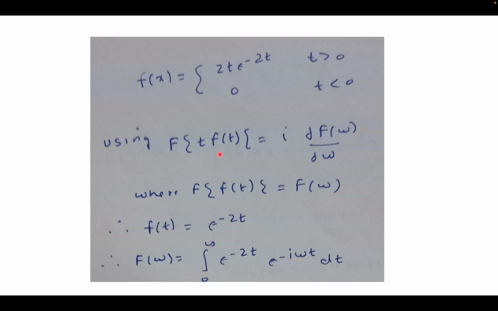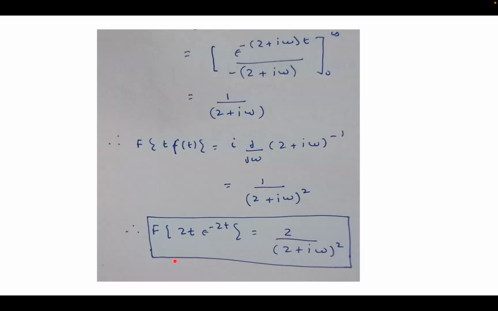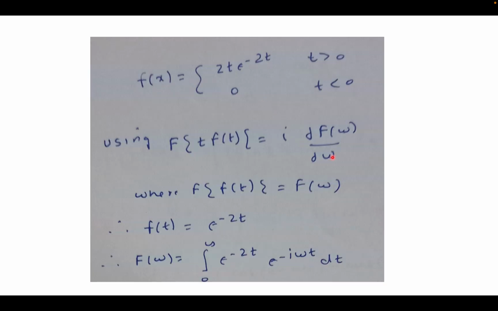So here we are choosing f(t) as e power minus 2t. Therefore F(omega) will be the integral from 0 to infinity of e power minus 2t times e power minus iota omega t dt, because that is the definition of the Fourier transform. This is very easy to integrate.